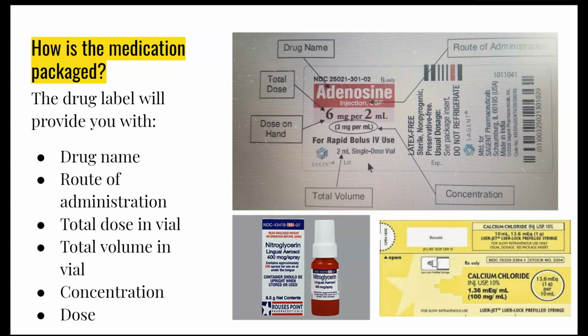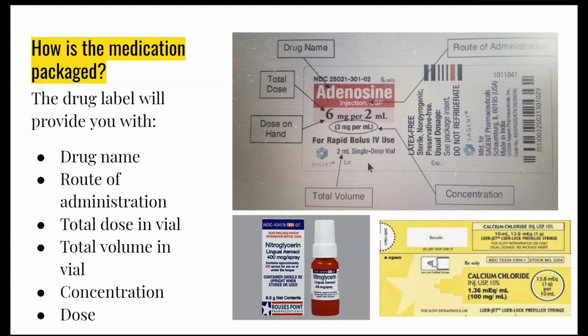Things like nitroglycerin, right? If you see here, it tells you right on the box, it's 400 micrograms per spray, okay? If you look here, in every ml, there's 1.36 milliequivalents of calcium, okay? So just make sure that you're familiar with your medications, because sometimes, and this happens a lot in hospitals, a little less frequently on the ambulance, the packaging might change, right?